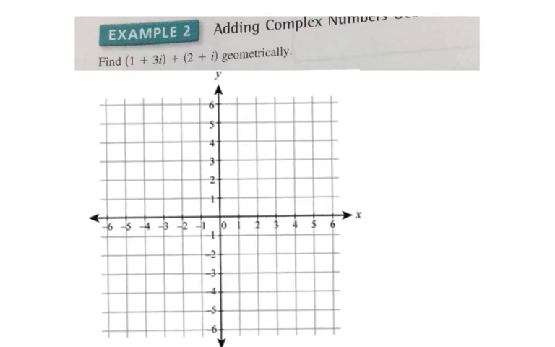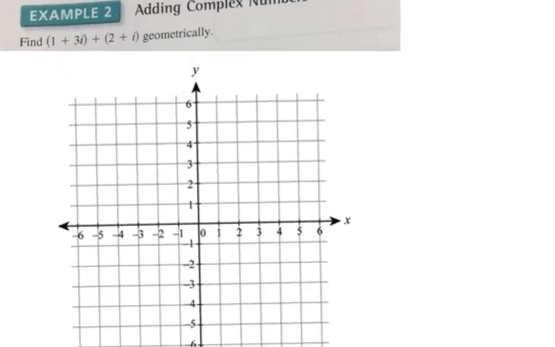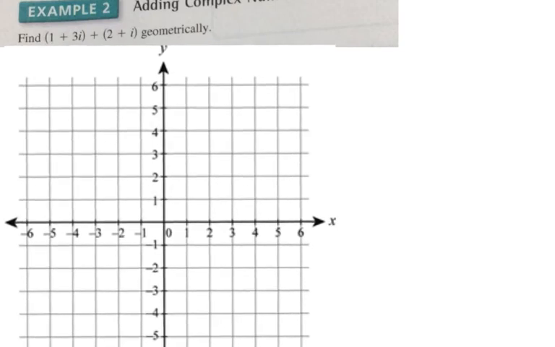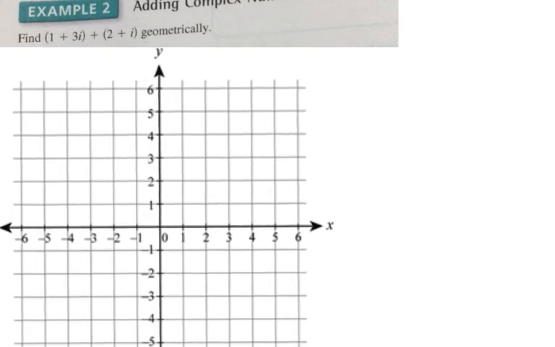So I'm going to show you how to do it geometrically, and I'm going to show you how you can verify it algebraically. So if I had to add 1 plus 3i, I would go to 1, 3, which is here.